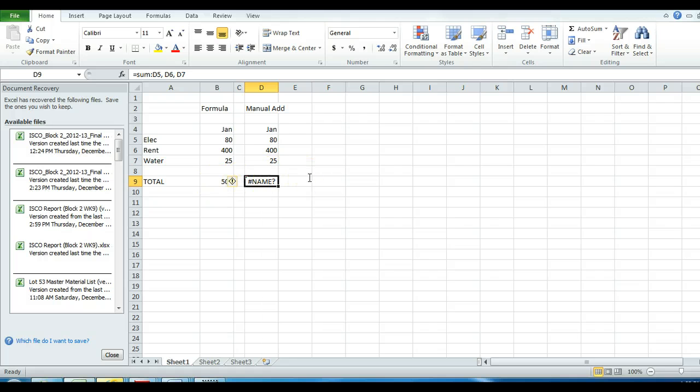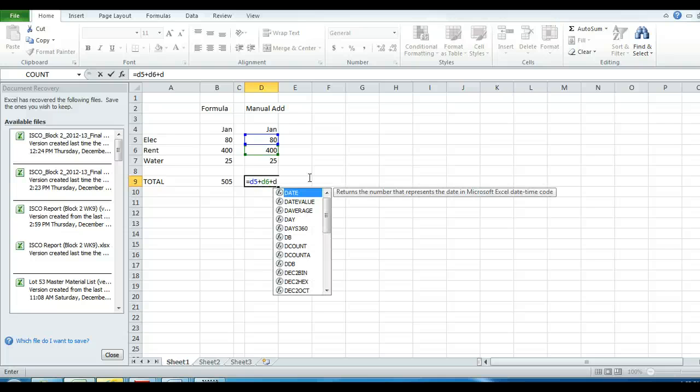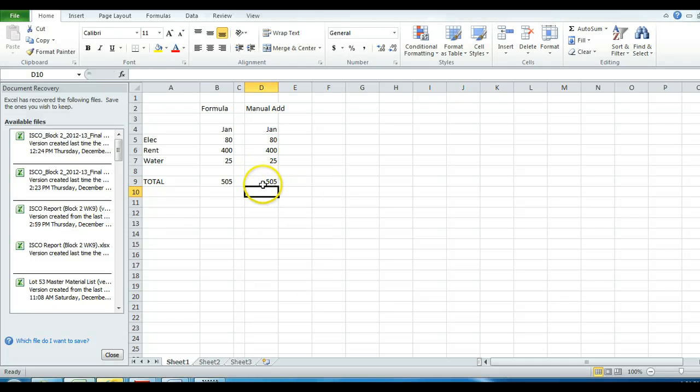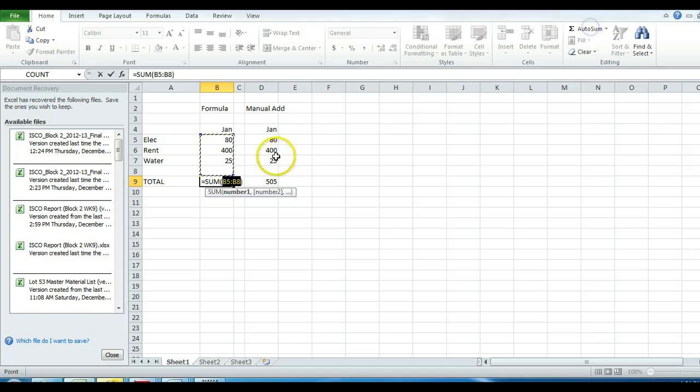I could do this, equals D5 plus D6 plus D7, and that does it. So either this command right here or this command. Which one was easier? Well, this one was very easy to do, wasn't it? To do this one, I just hit the word auto sum up there, highlight the numbers I want, and hit enter.